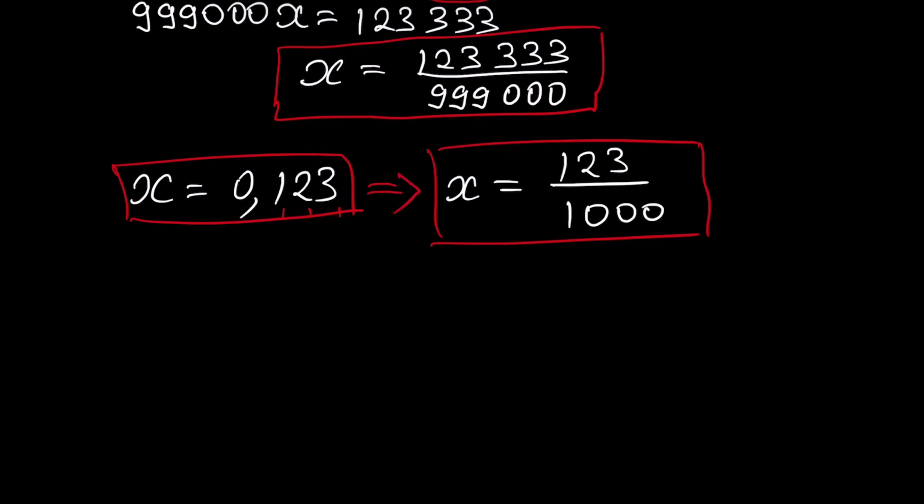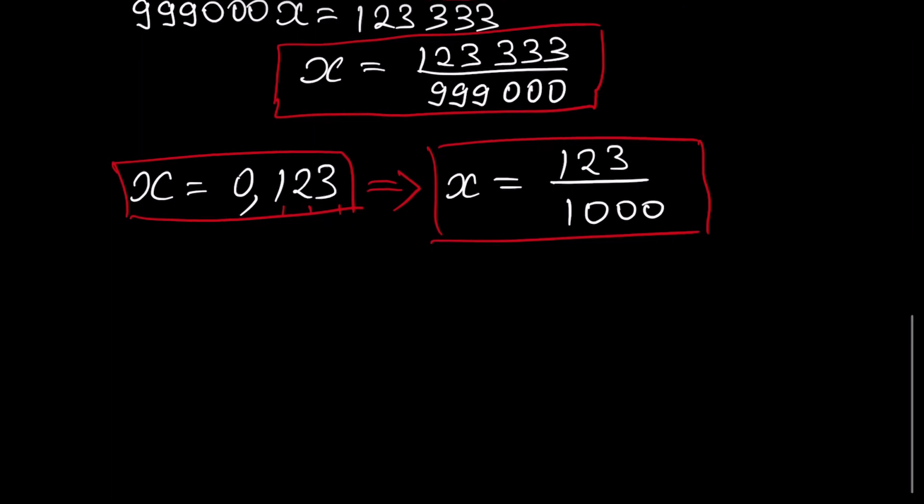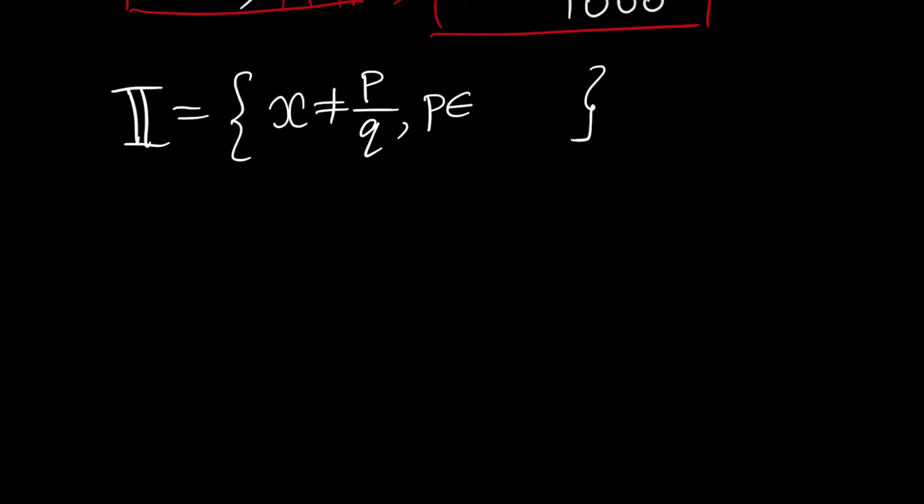Easy. We already know what a rational number is and how to calculate the rational form. Next, let's talk about irrational numbers. Irrational numbers, let's denote them by I, is the set of numbers x, where x doesn't have a representation p over q, where p is an integer and q is natural.